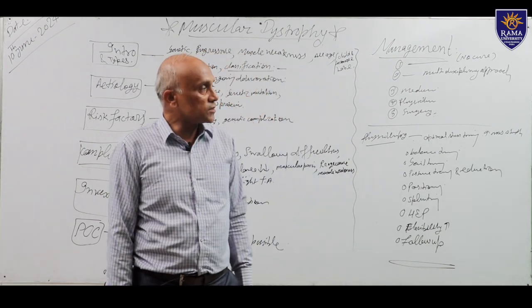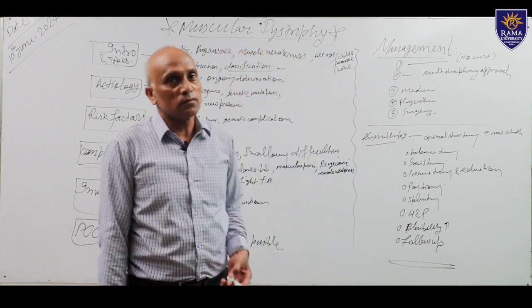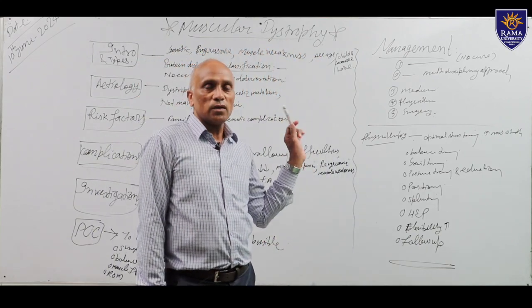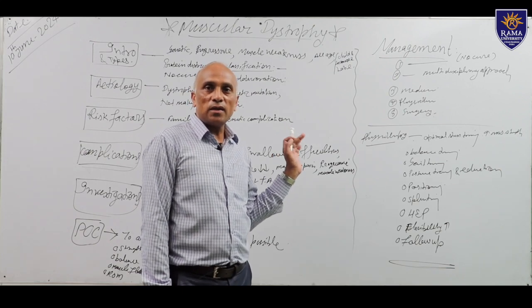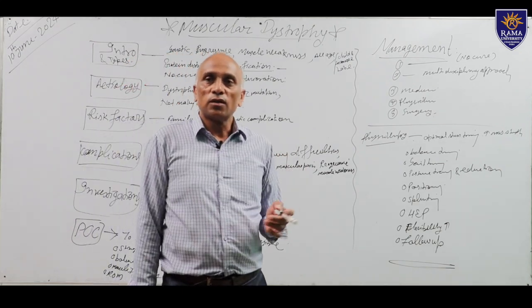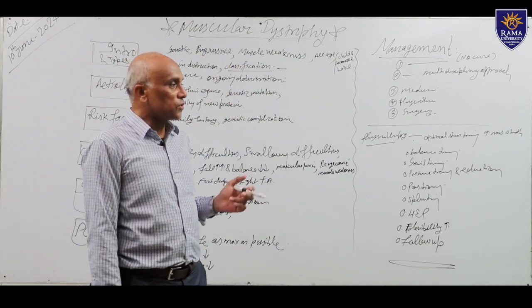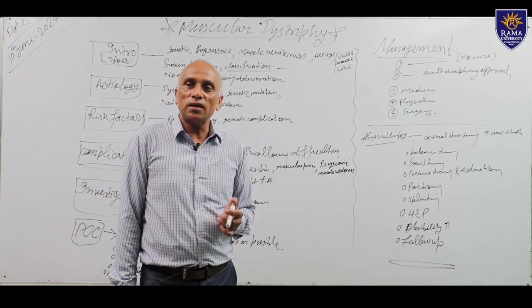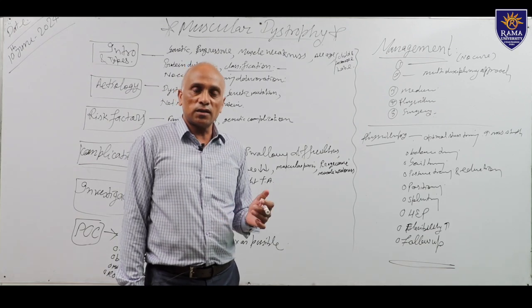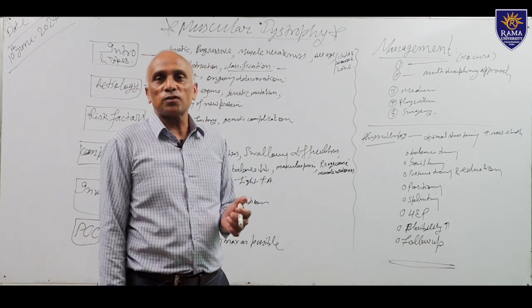So today in this video, I will be talking about muscular dystrophy, which is a main condition that I have found in society mostly. This condition is most prevalent in the community, and it needs to be managed properly as early as possible.